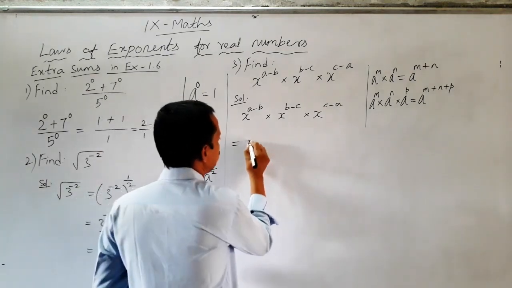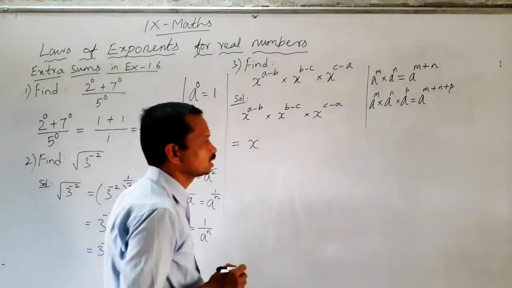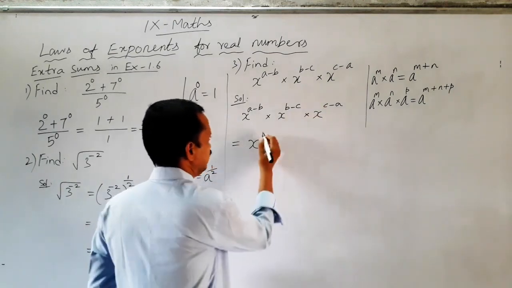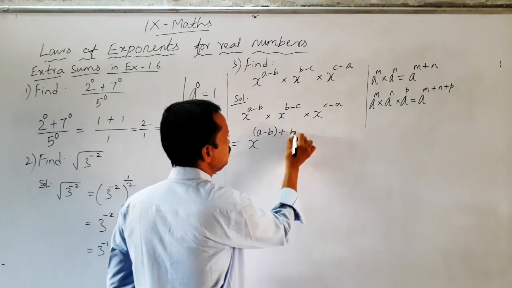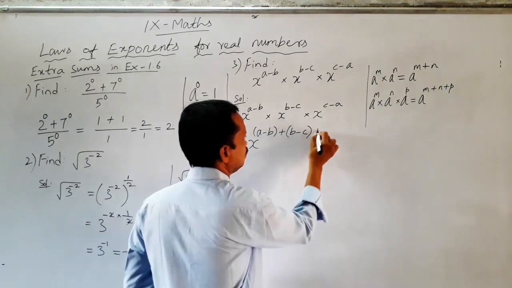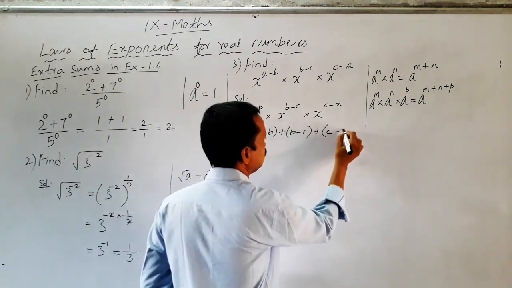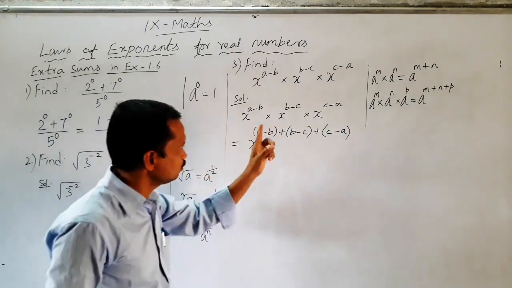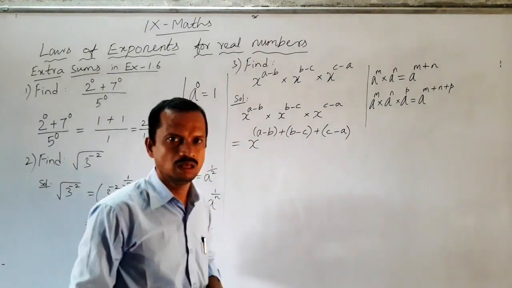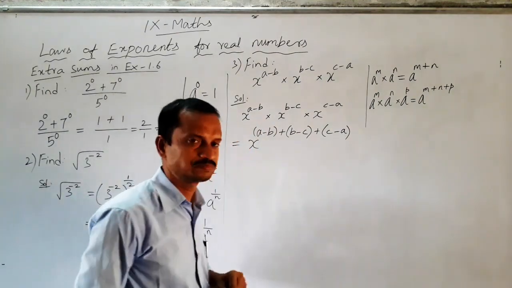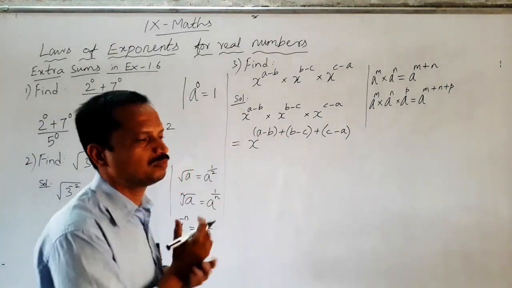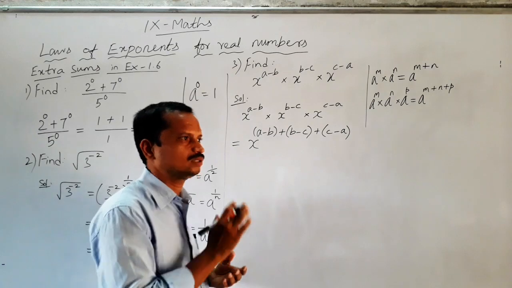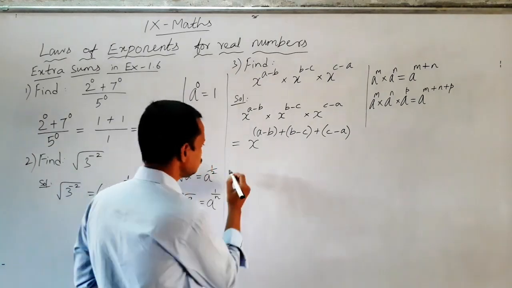Here the base is only x and you add the exponents: a minus b plus b minus c plus c minus a. You see, I put brackets for every exponent to avoid confusion. And here it is addition only, because we are going to add the powers for the product of the same bases.